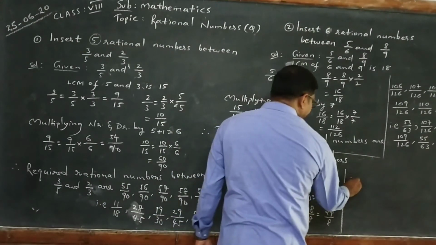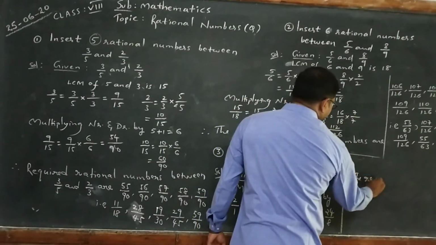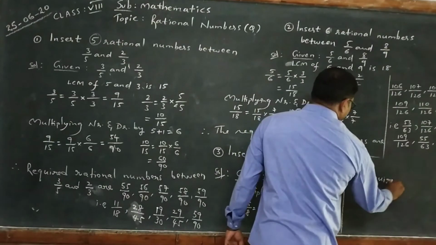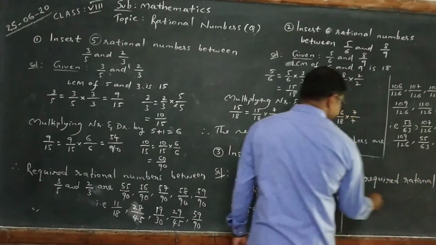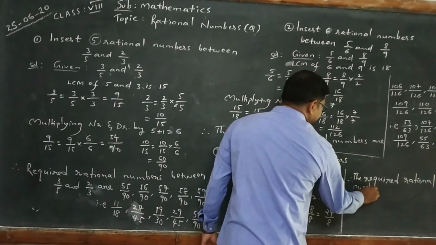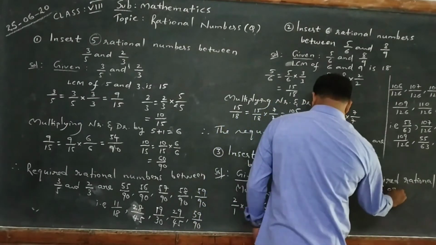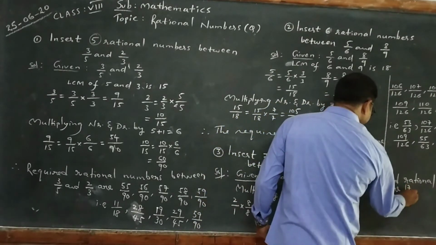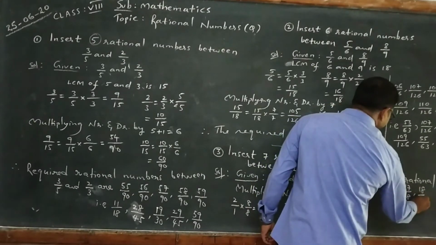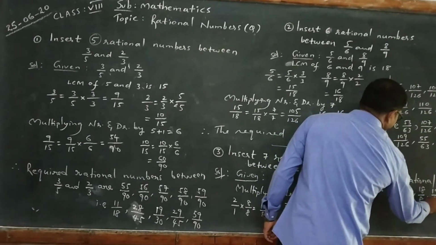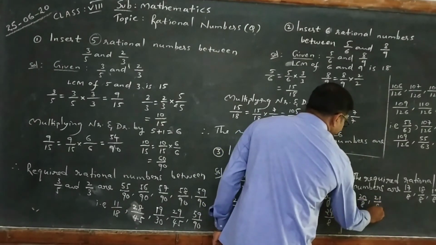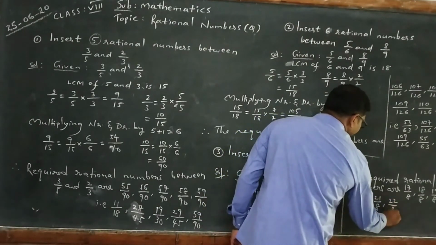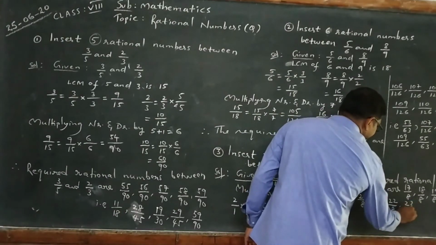How many? Therefore, the required rational numbers are between 16 by 8 and 24 by 8: 17, 18, 19, 20, 21, 22, 23 by 8.